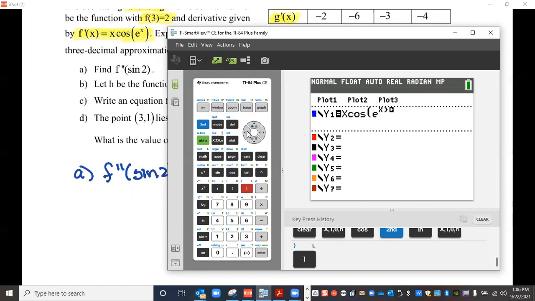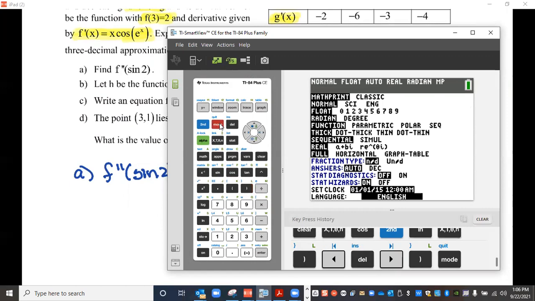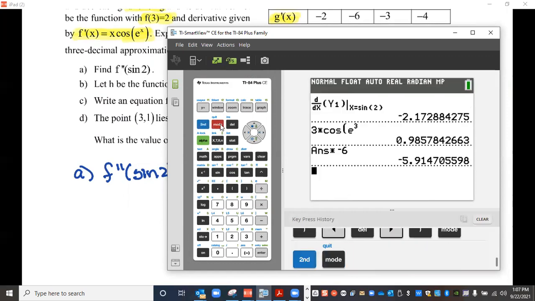Oops, let me backspace there. Remember, in calculus, anytime you are dealing with trig and calculus, double check your mode. You always want to make sure your mode is in radians. Calculus and trig, it's always radians. Go back to your home screen.